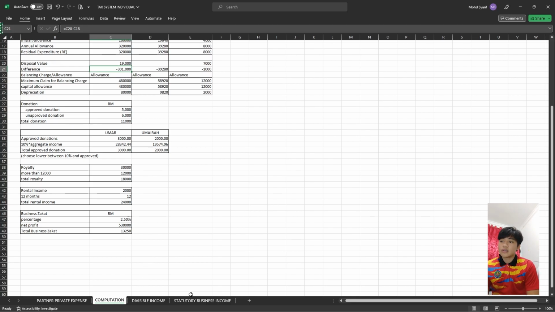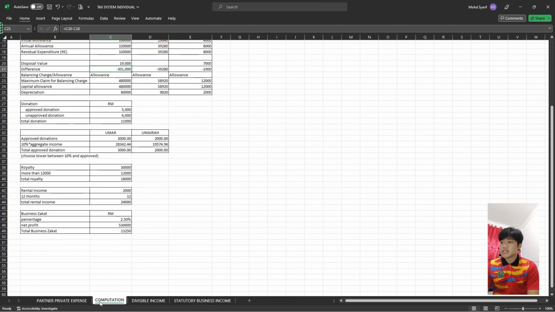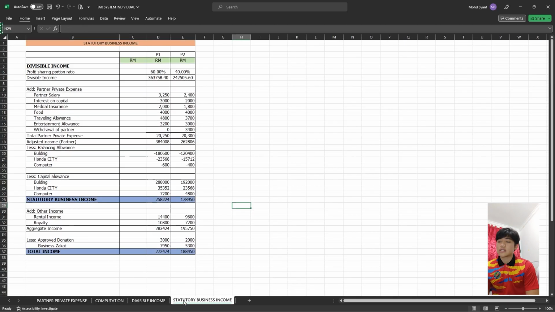Then we conclude in these computations. Also, for business zakat, the computation is 2.5 percent of the net profit, and we get 30,250 ringgit. We portion it for Umar and Umairah.